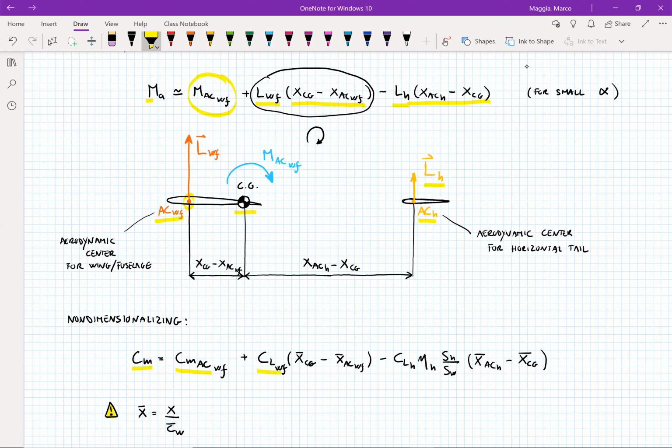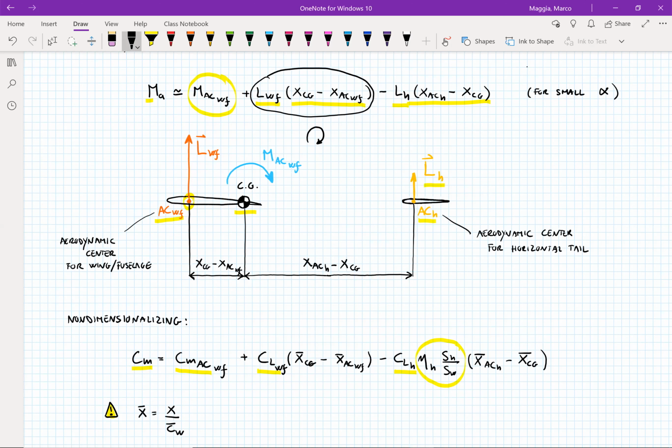And we have CLH, which is the lift coefficient associated with the horizontal tail. This term arises because we've normalized everything by SW, and of course that's not how LH is defined.